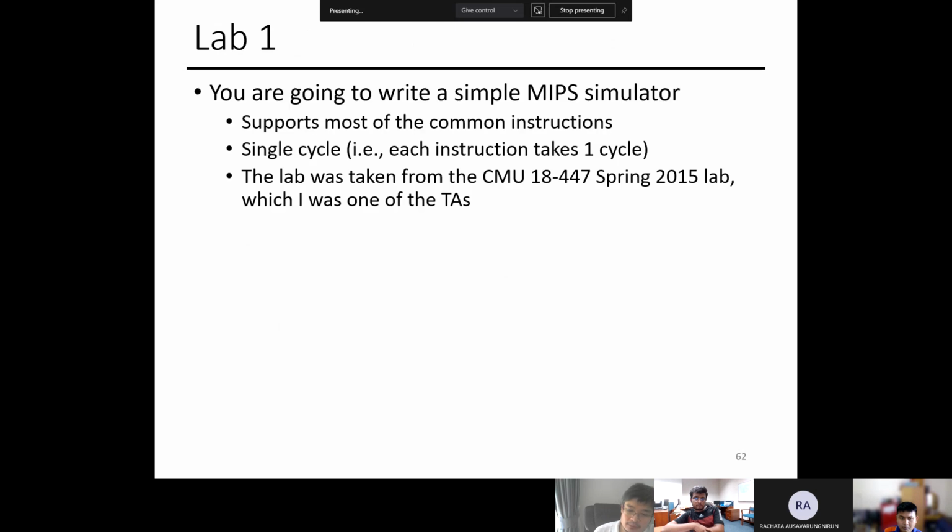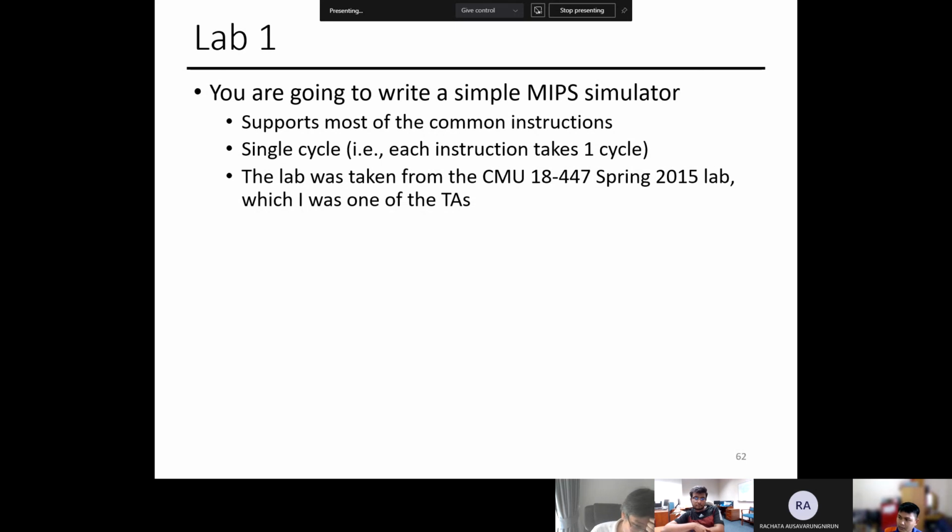And then lab 1: you are going to write a simple MIPS simulator that does a single cycle architecture. Support the common instructions, not all of them, just a few that make sure it runs. Now you have a functional simulator that runs Morse code if you write it using those instructions.